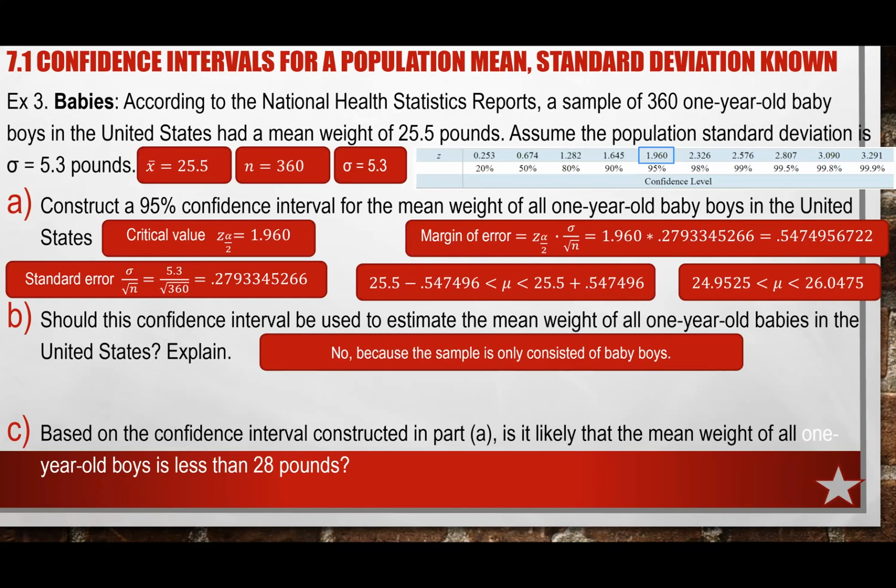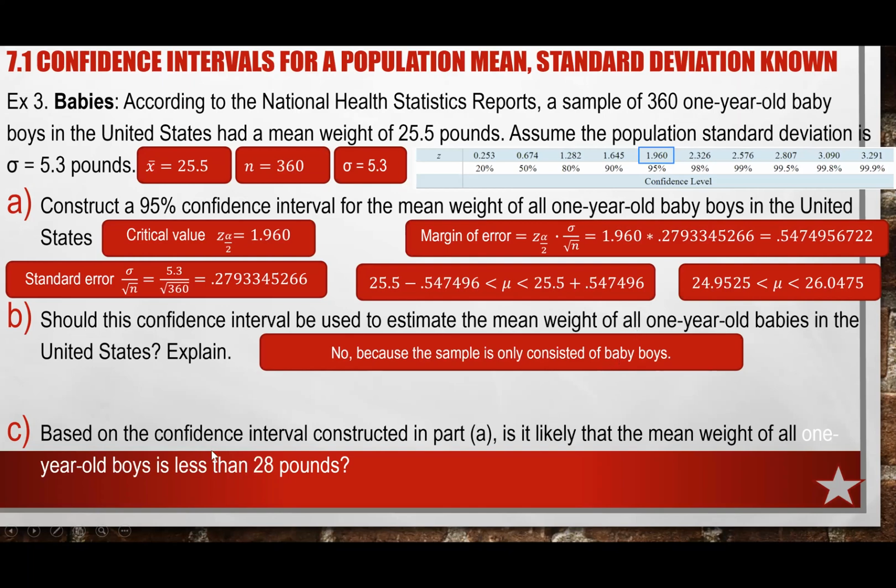The data they give us only takes the 1 year old baby boys. So we cannot use these baby boys to estimate every single 1 year old baby out there, because the weight of the baby girls might be different. And if you say all babies, you did not randomly select, right? You selected just the boys. So you cannot use just the boys to estimate every single baby. Okay, so again, that small word, all 1 year old, right? We cannot use it to estimate all of them.